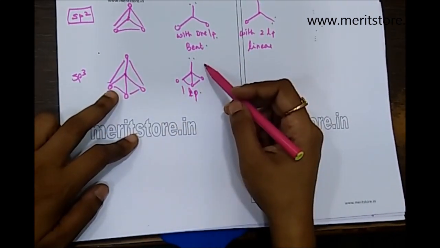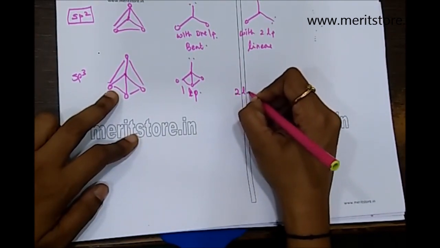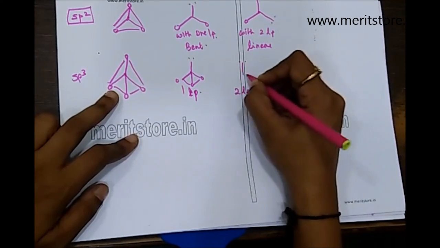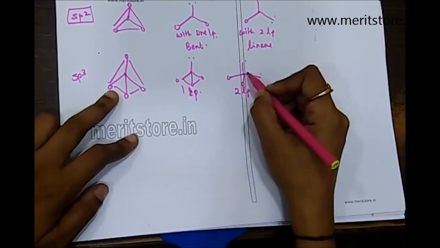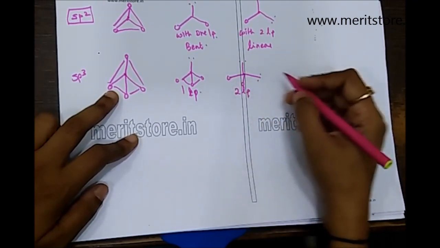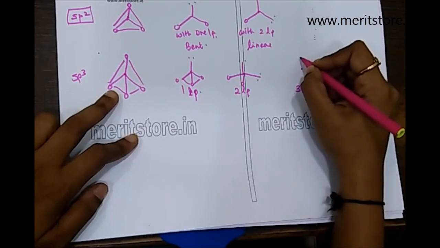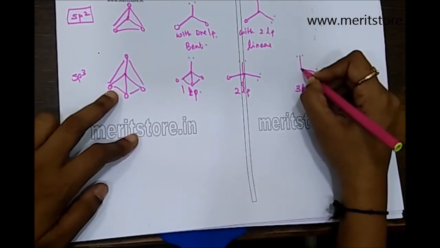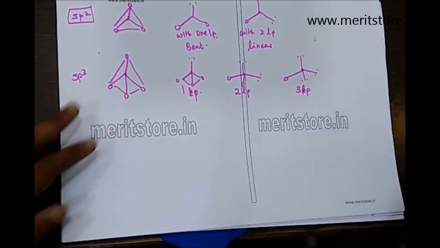So because of one lone pair, the geometry has been distorted to the pyramid. If you have two lone pairs present, this is one lone pair, this is another lone pair, now only 2 atoms are left, giving the bent shape geometry. But if we have 3 lone pairs on the central atom, the molecule will be linear.